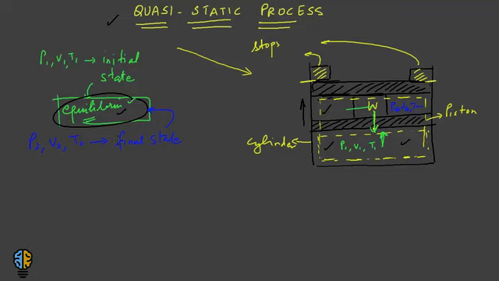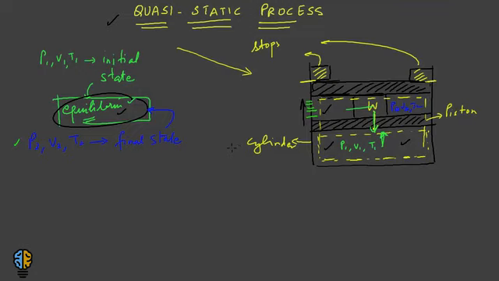Now what is the point to be noted down here? The states that the system passed through while going to state number 2, all those states were non-equilibrium states.